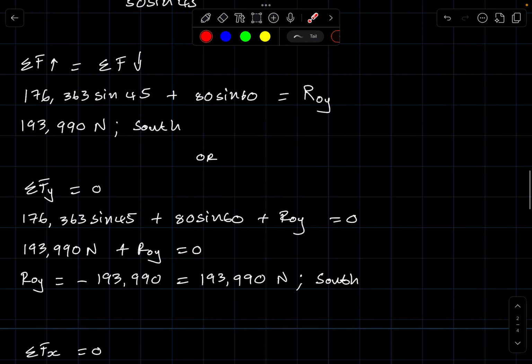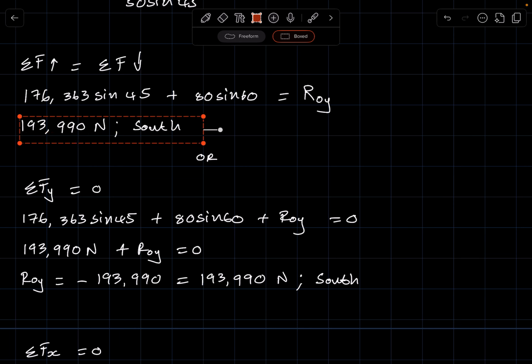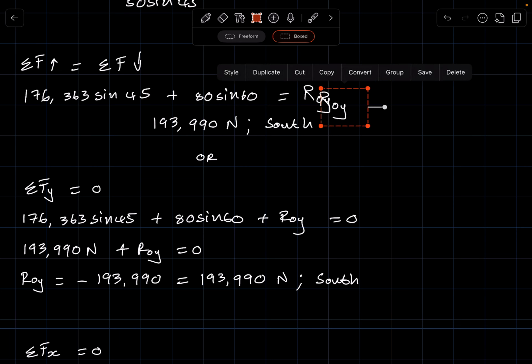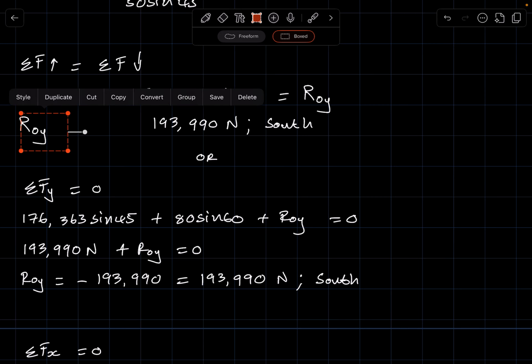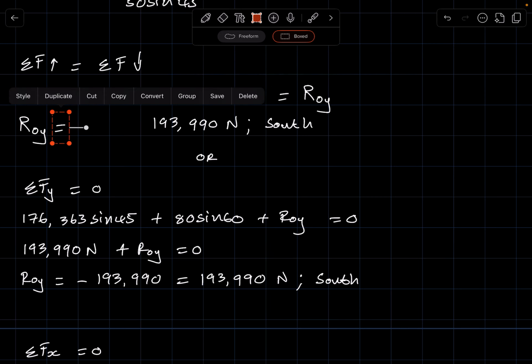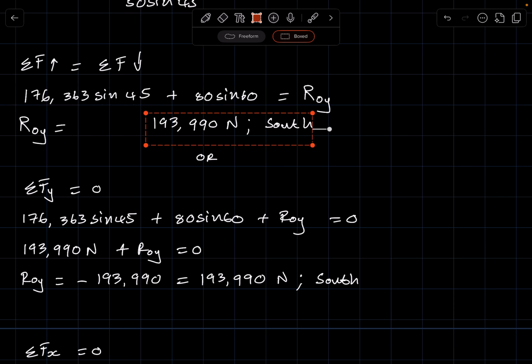But we can already tell based on the direction of the components. Here, this was supposed to be like that. ROI is equal to this.